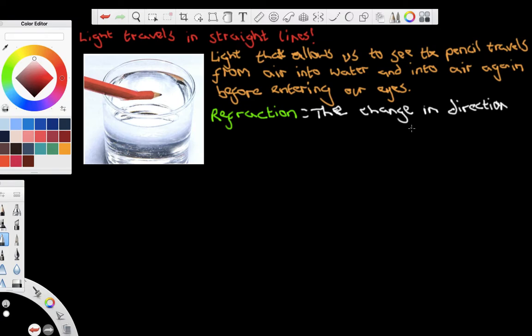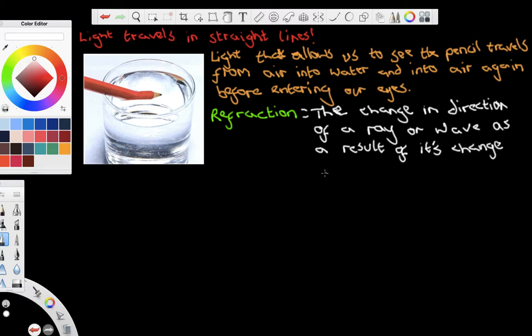Now, we can define refraction as the change in direction of a ray or wave as a result of its change in speed.